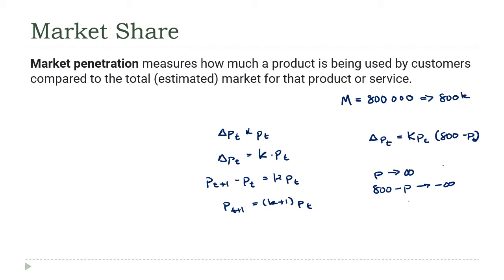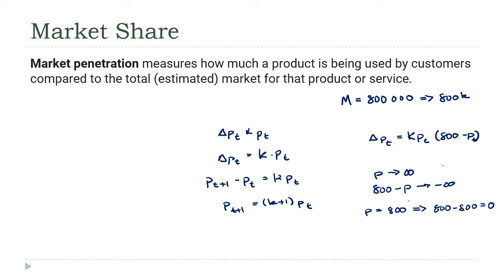More significantly, when P reaches 800, our market maximum, what happens to that factor? Well, it becomes 800 minus 800, which is 0. When that factor becomes 0, delta P becomes 0, and the growth stops, which is what we need to happen.